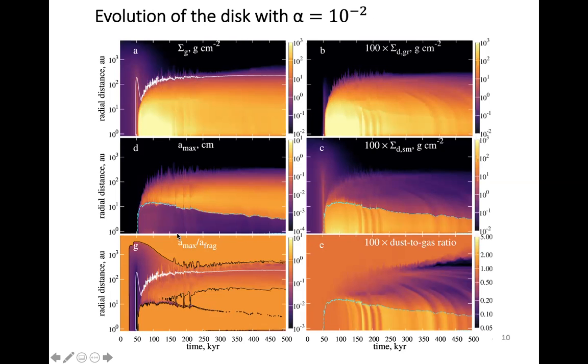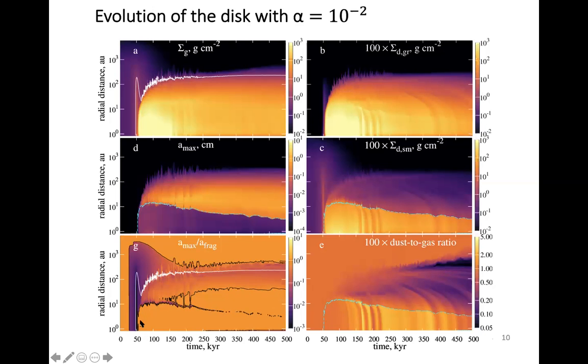Also, we have this figure that shows maximum dust size divided by the maximum dust size allowed by fragmentation. This figure demonstrates in which regions of the disk dust size is determined by fragmentation. These are the orange ones outlined by black contours.